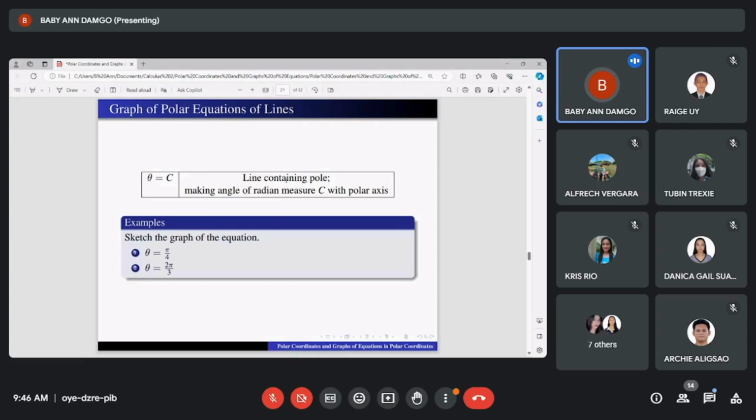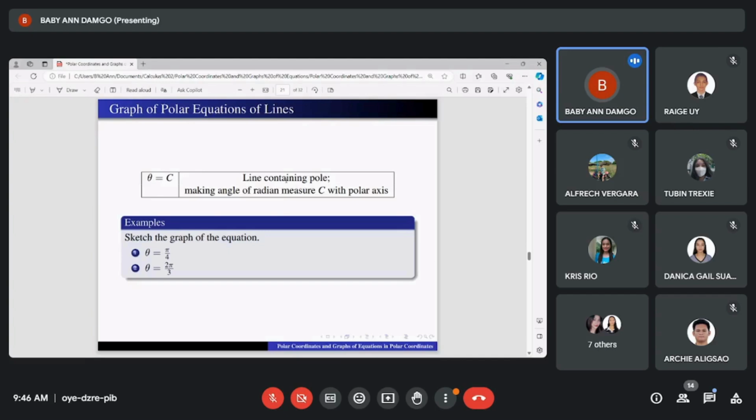So how do we graph it? If we have a theta which is equal to pi over 4, so let's go back to the last one. We have theta equals pi over 4. So we just locate the pi over 4, class. Isn't this the pi over 4?